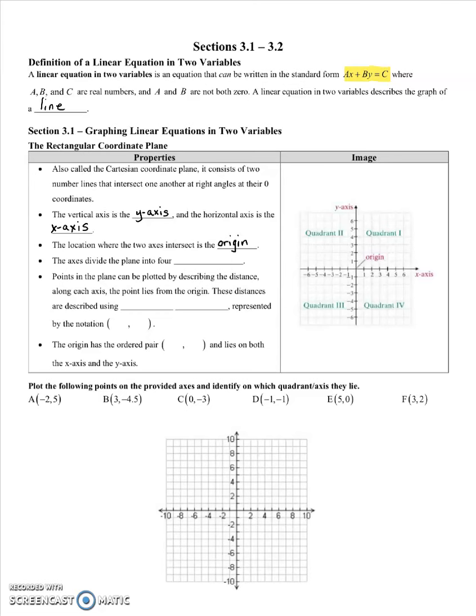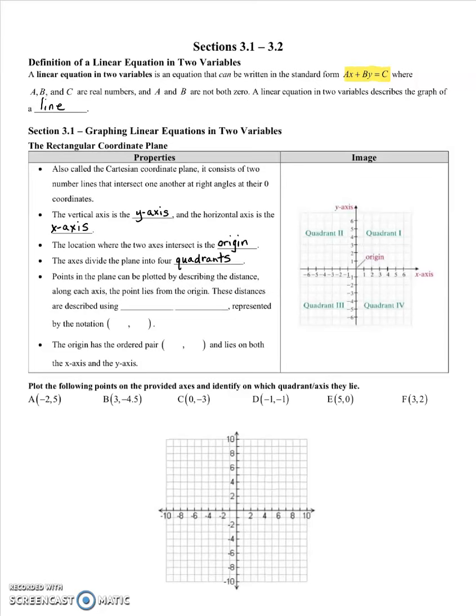And those two axes divide the plane into 4 quadrants. The quadrants, as you can see, are labeled using Roman numerals, and we start with the top right quadrant and we move counterclockwise.